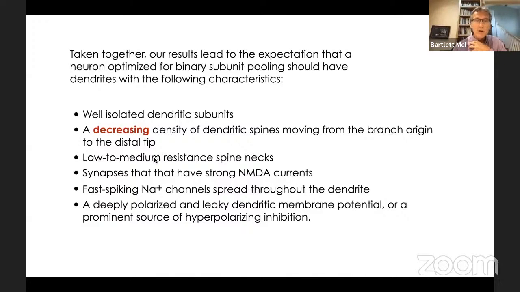You should expect to find low to medium resistance spine necks. You should expect to find synapses with strong NMDA currents. Now, I didn't talk about this, but you should expect to find fast spiking sodium channels. That makes it work better too. And a deeply polarized or leaky dendritic membrane, or a prominent source of hyperpolarizing inhibition.